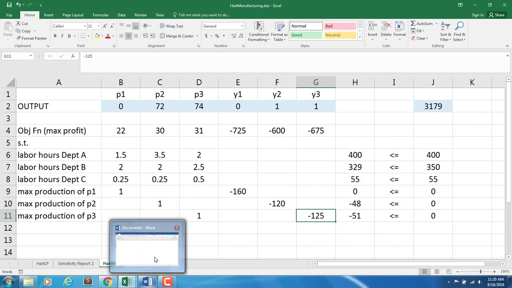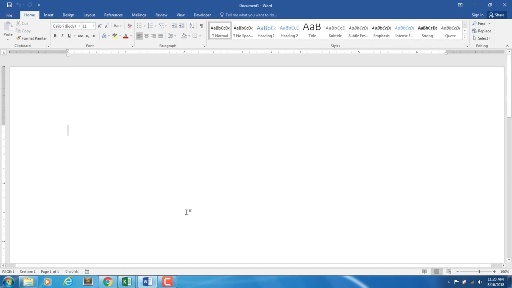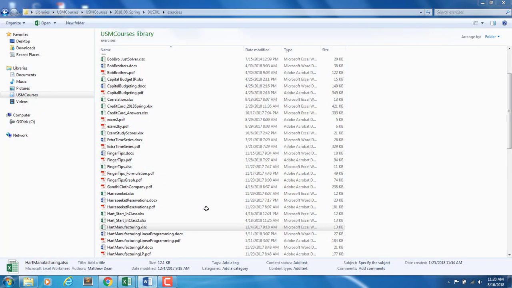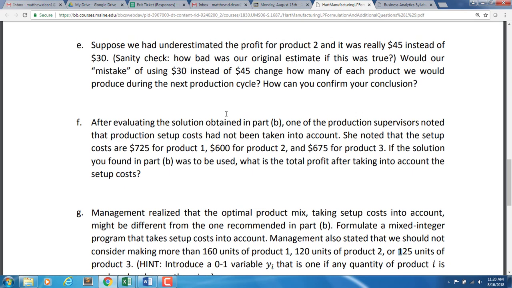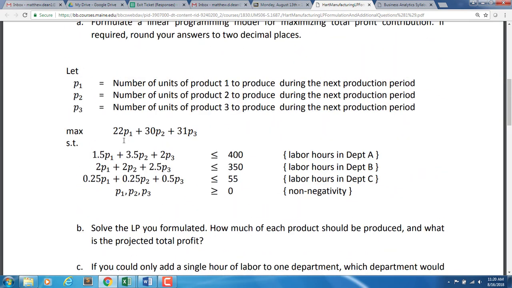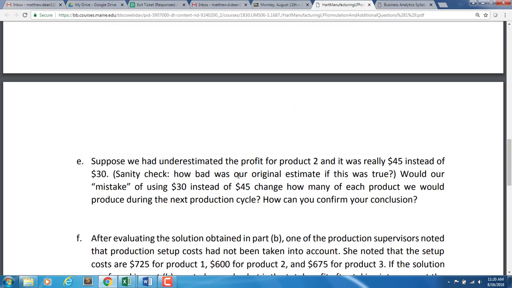So if I were to write out the constraint, which is probably the best thing you should do, remember we defined, if we go back up to here where I had the original formulation, we defined P1 as the number of units to produce during the next production period. So we're saying if we do decide to produce product 1, it has to be less than or equal to 160.